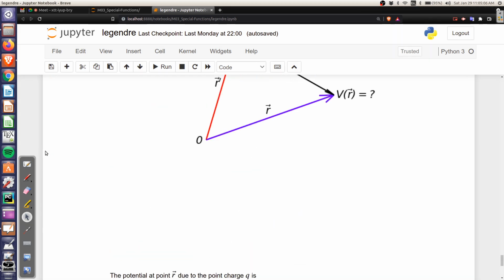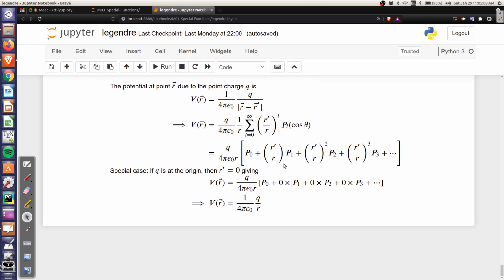So let's apply this, r prime equal to 0. So if I put r prime equal to 0, this will become 0, this will become 0, this will become 0. Everything will become 0 except what? Except this first term. First term will be P0. And what is P0 equal to? P0 is equal to 1. So it's going to give us this familiar formula. Remember KQ by R, which I told you about? We are going to get that KQ by R expression. Is that clear, everyone?